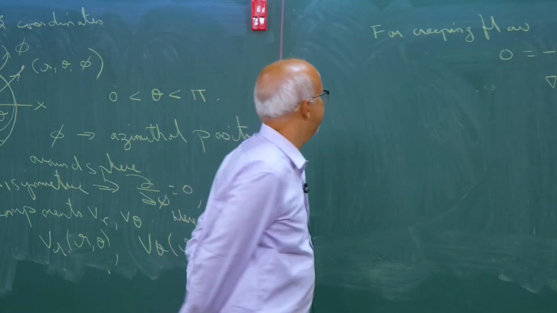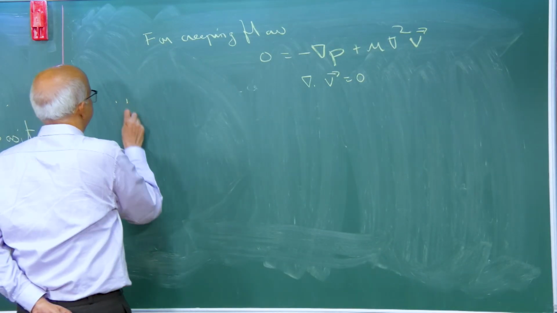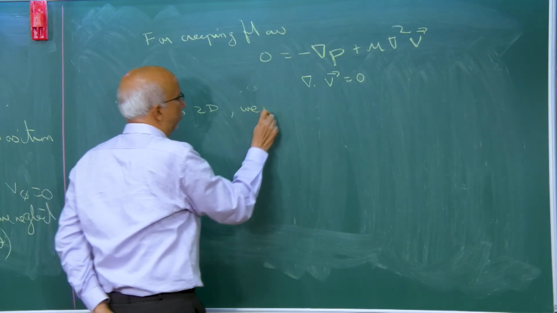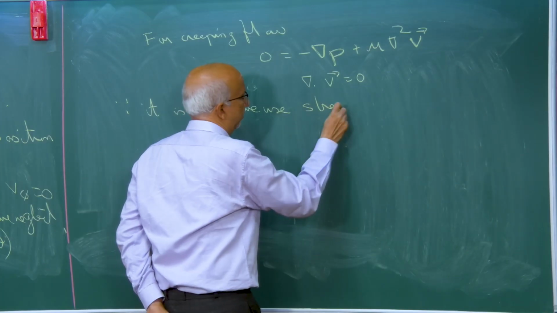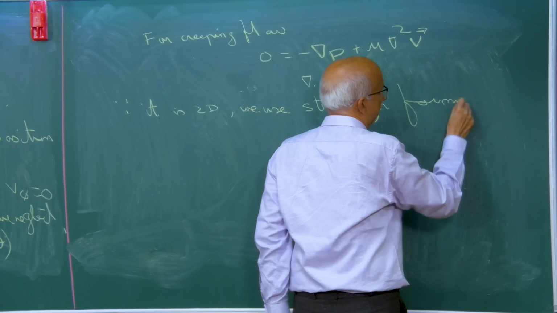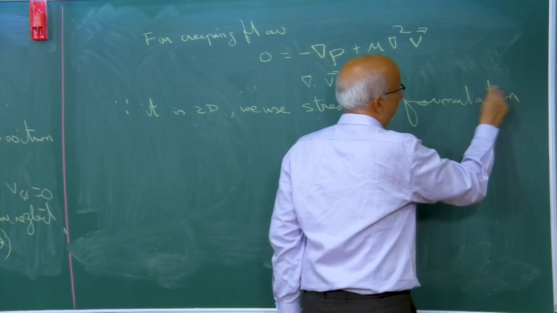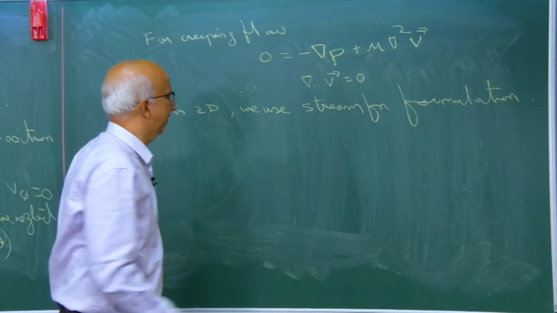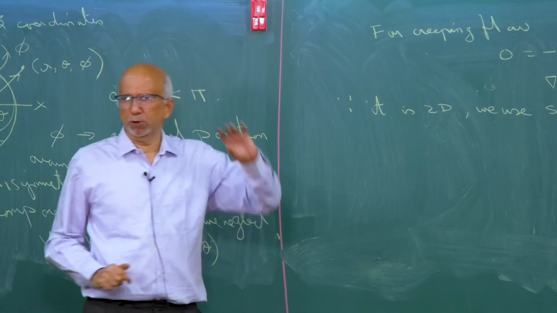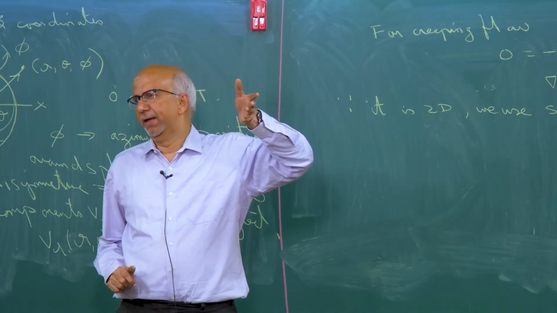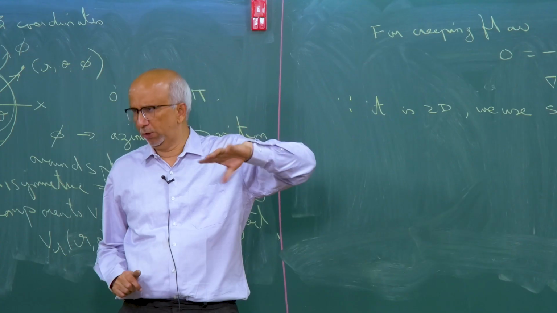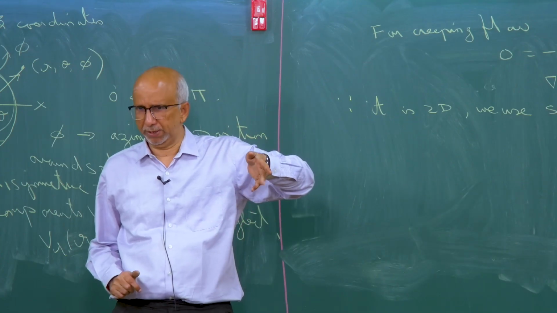Because it is 2D, we use the stream function formulation, stream function and vorticity. Whatever I did yesterday for Cartesian coordinates and cylindrical coordinates, you need to do it for spherical coordinates.